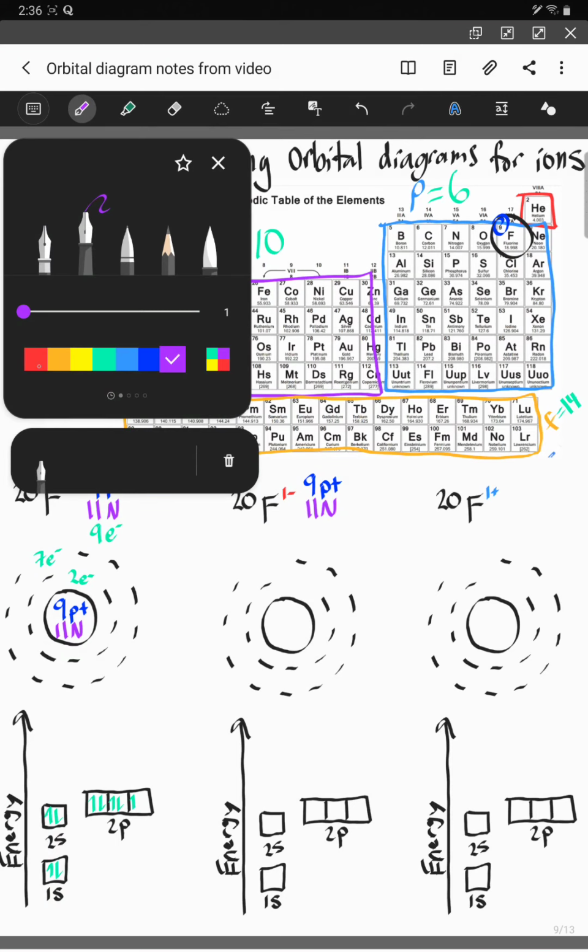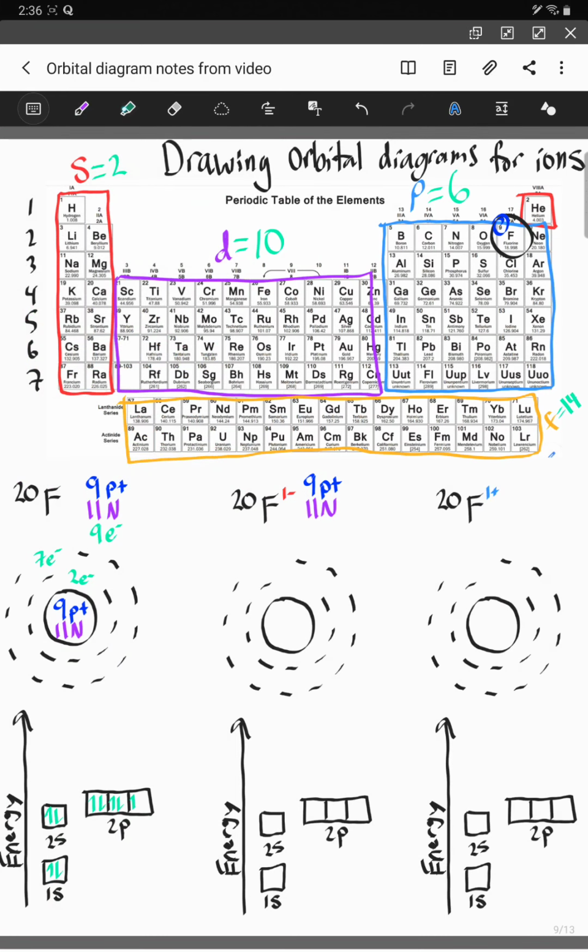And then we notice that we have a -1 charge here. So let's highlight that. That tells us that there are more negative charges than positive charges. Specifically, how many more? Well, we'll look at this number 1 right here. That tells us that there is 1 more negative charge than positive charge.